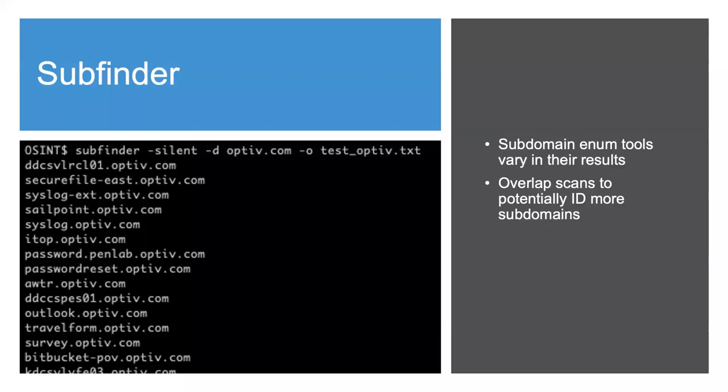Then we have Subfinder. Subfinder, like I mentioned earlier, is just another one of those subdomain discovery tools that you can leverage for passive subdomain reconnaissance of websites, and it has a custom list of data sources already built in, like Censys, Chaos, recon.dev, Shodan, VirusTotal, all those different options. You can use that to pull a list of subdomains.